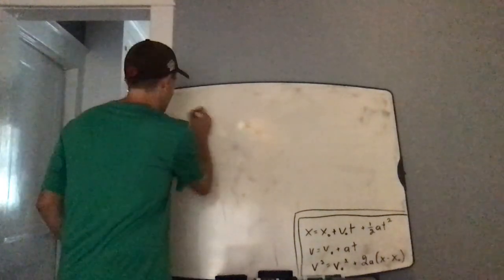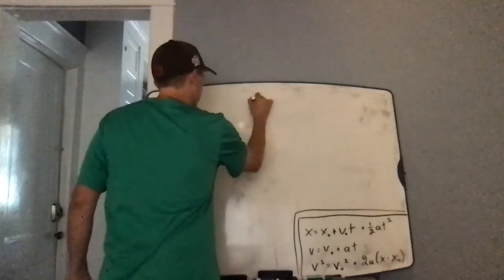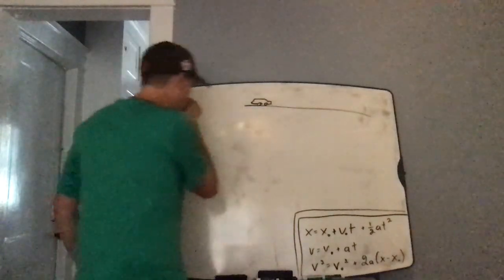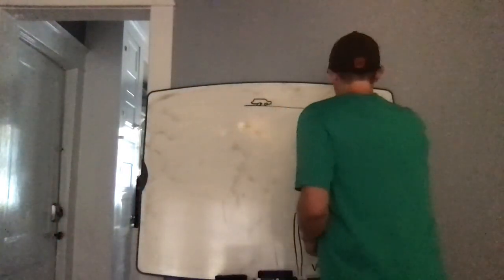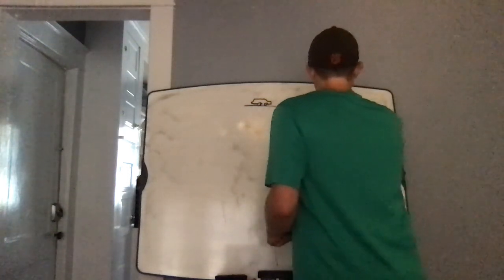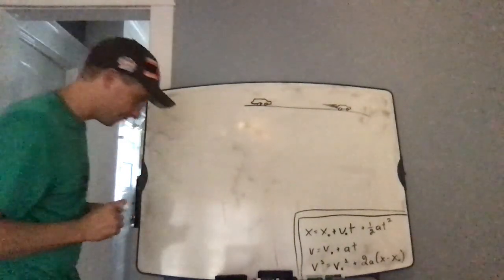So let's say here's our car. And it will begin right here, and then it will speed up, and later on it will be right here. And it's moving, so I'm going to give it those lines indicating motion.